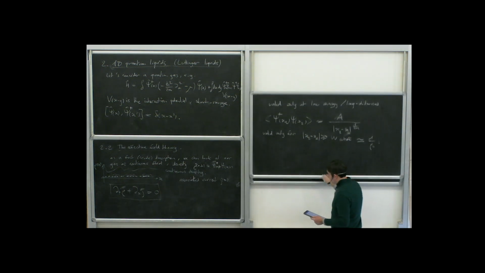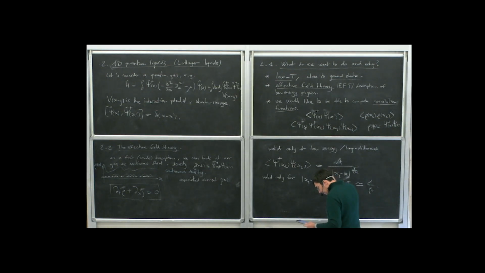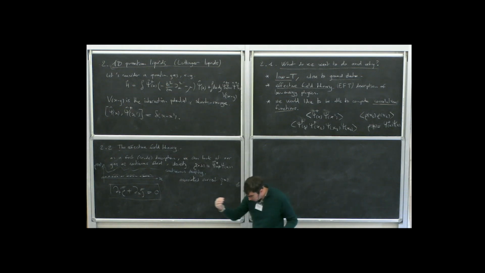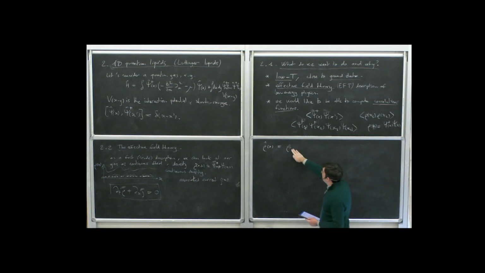Now, as I stressed, we are interested only in low energy and near the ground state. Near the ground state, we expect the fluctuations of the density to be relatively small, so this rho of x, let me put back the hat to stress what is an operator and what is not, is some background density rho naught, which is just a number and not fluctuating, plus some small fluctuation delta rho, which is an operator.